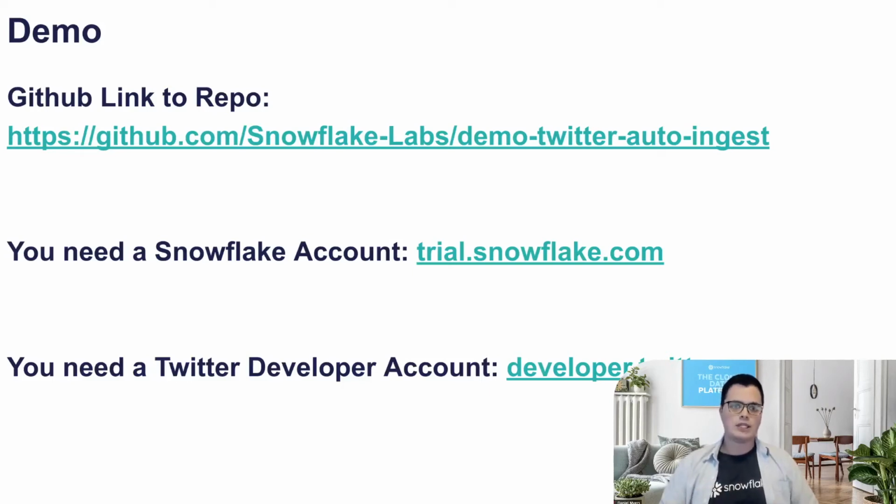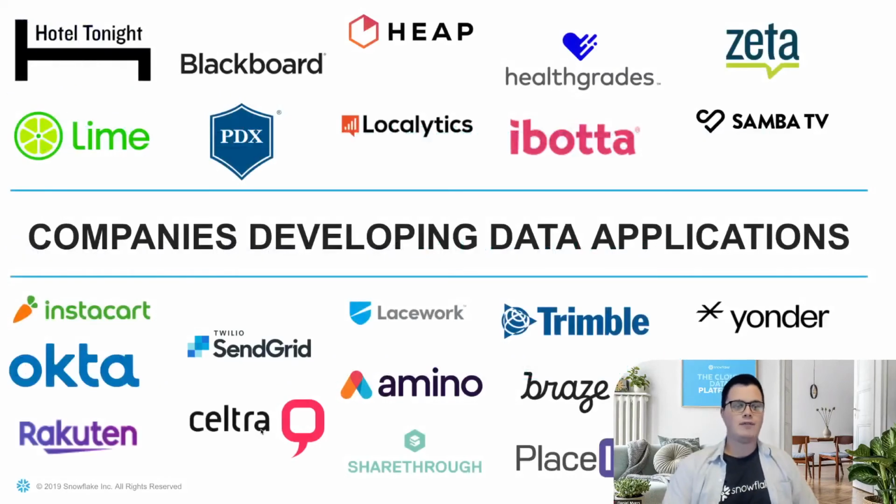Now, what's really exciting about a lot of this is that we have so many companies developing data applications with Snowflake today. Everything from Instacart, Okta, SendGrid, you name it, they're working with Snowflake. So it's really interesting to see, really exciting. And I think it really shows the power that Snowflake can provide a lot of these data applications.